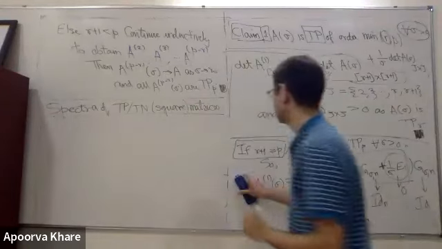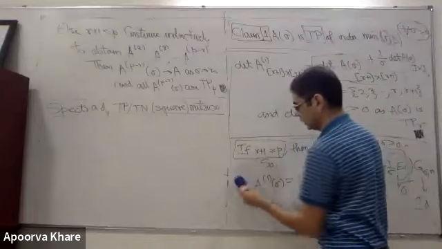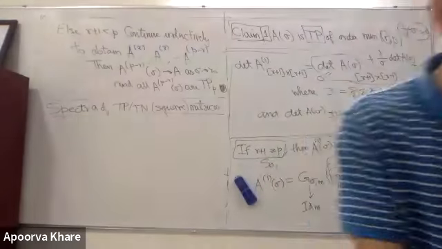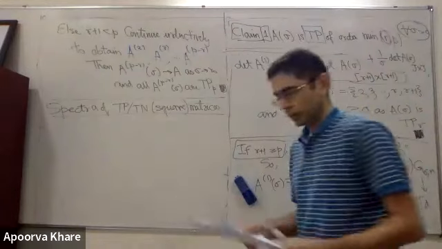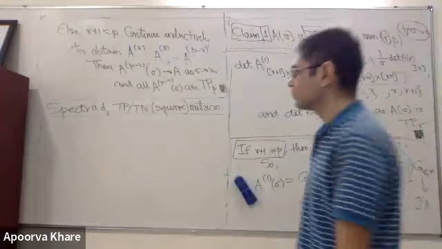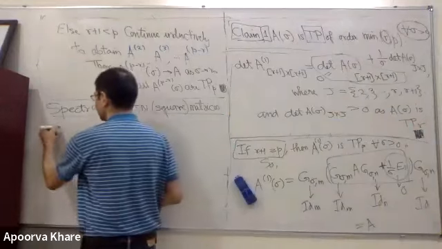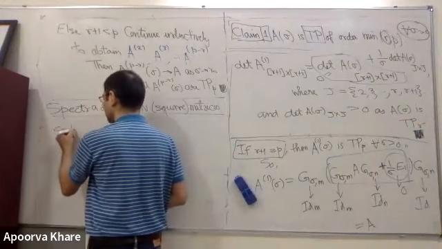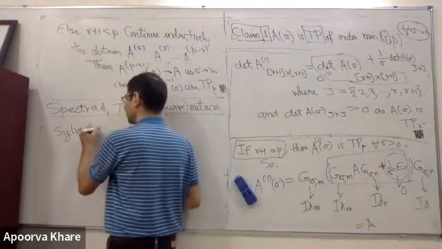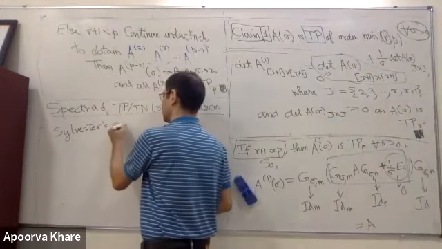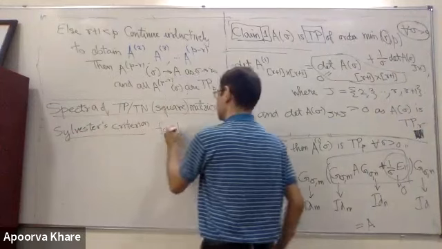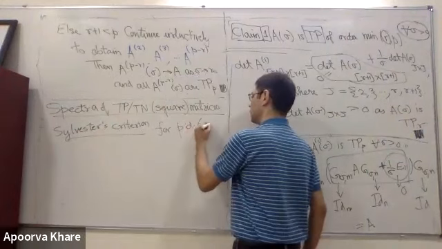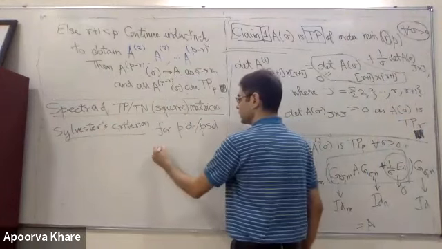So that's the third and last part of this set of lectures. I guess you have probably seen Sylvester's criterion for positive semi-definite or positive definite matrices traditionally.